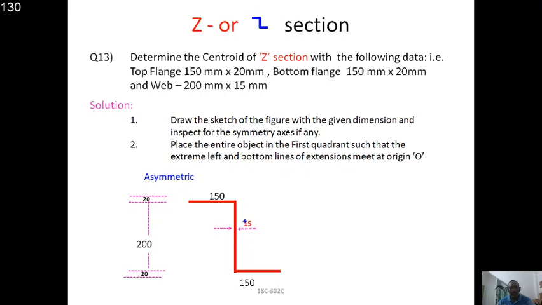Now I am drawing a line parallel to the y-axis. Is it symmetric? No. By seeing itself we can say that it is not symmetric, because with respect to this y-axis, this portion is on this side, right? So it is not symmetric.